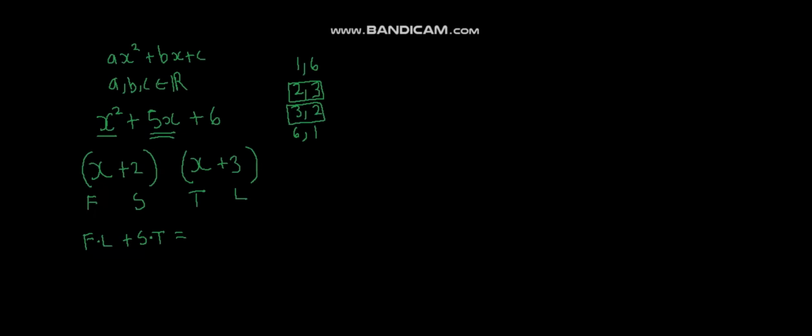So let's test that. x multiplied by 3 plus 2 multiplied by x would give us 3x plus 2x. x by 3 is the same as 3 by x. 2 by x, 2x, which gives us 5x.